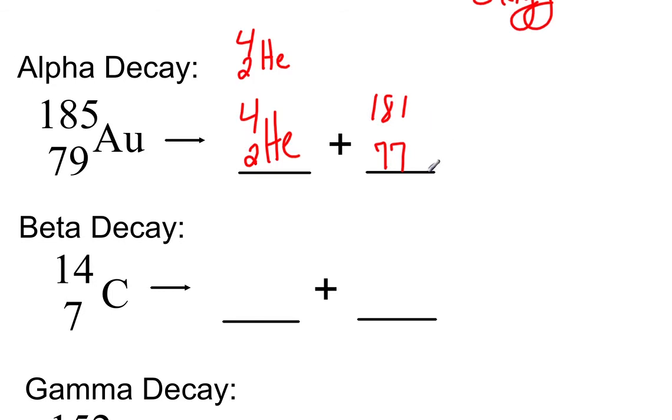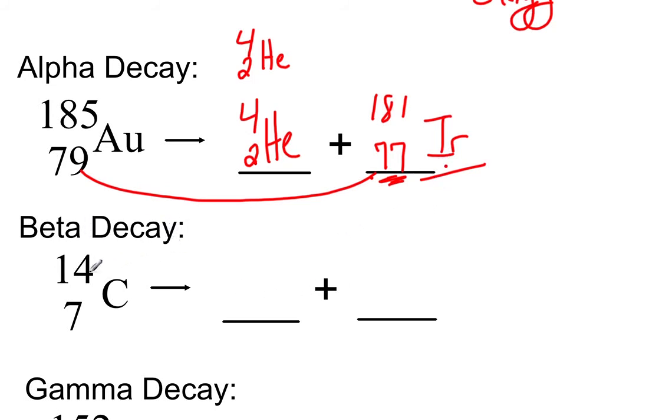And I don't know what element this is off the top of my head because I don't have a periodic table. So I'm going to look one up. And I got Ir. Always keep a periodic table with you. All right, so this is the new element that's formed during alpha decay. My mass number goes down 4 and my atomic number goes down 2. This is important because this is going to tell me the identity of my isotope.